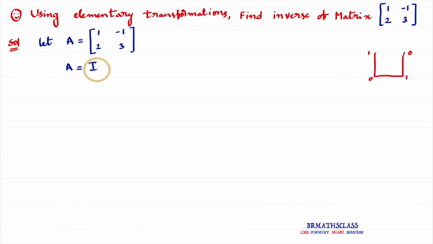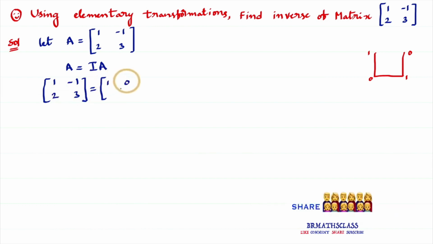This is the property which is always true: IA equal to A. Now in place of A, you write the given matrix, 1, minus 1, 2, 3, equal to I, the identity matrix 1, 0, 0, 1, into A. Here is the trick: you write this A as it is. Don't write the matrix A.